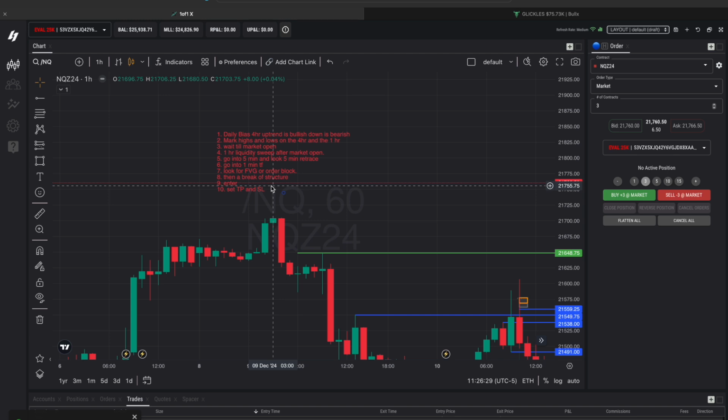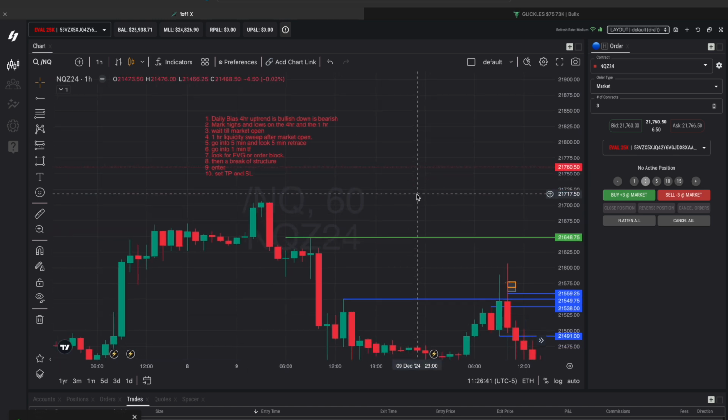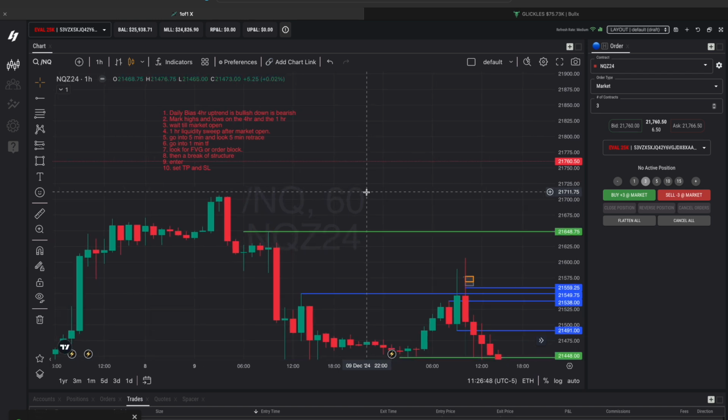And then I'm looking for a break of structure. And then after that, you enter the trade, set your take profits and stop losses, and let it ride. Don't touch it. Don't change anything. You set your stuff, you stuck to your rules, and you'll win.